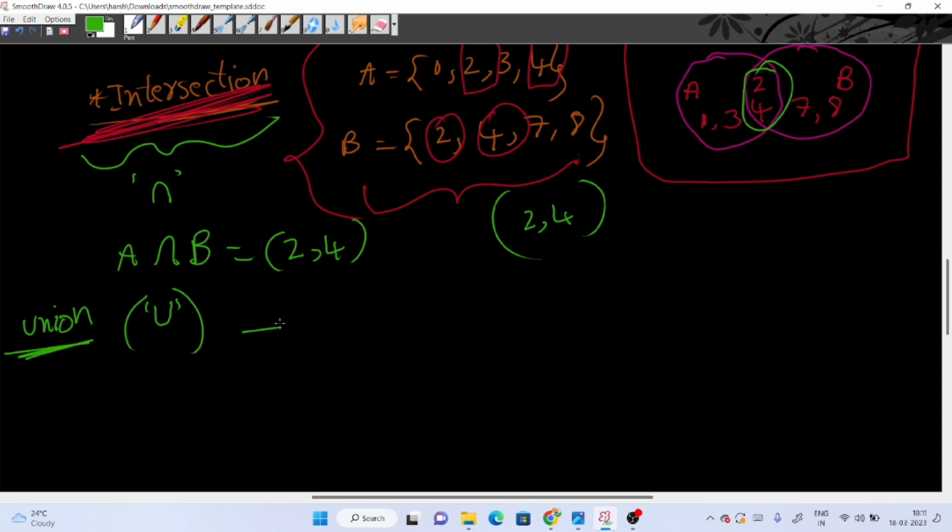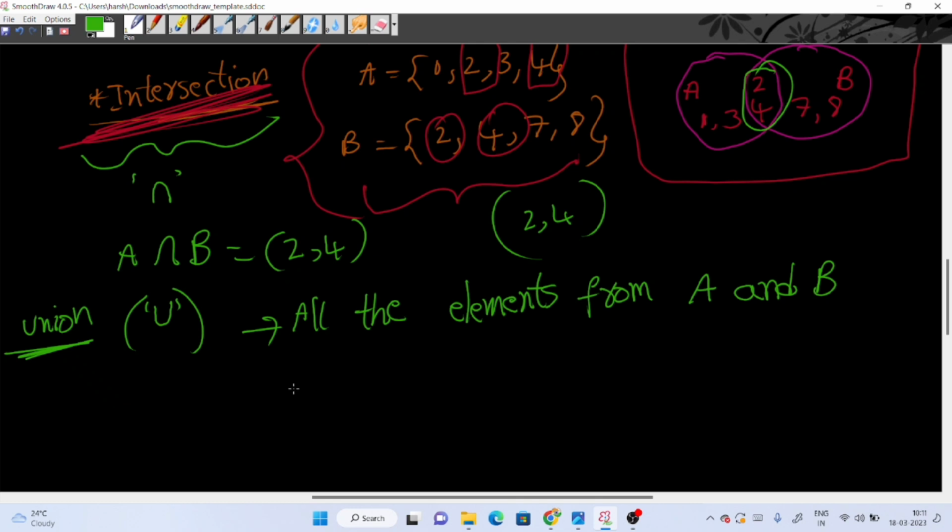Union is nothing but all the elements from A and B. That means we have to combine all the elements from A and B and then give the unique elements from them, without any duplicates. So first of all, let us combine both A and B, then let us see what we get.